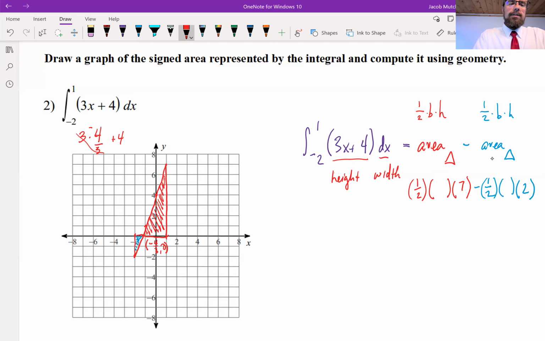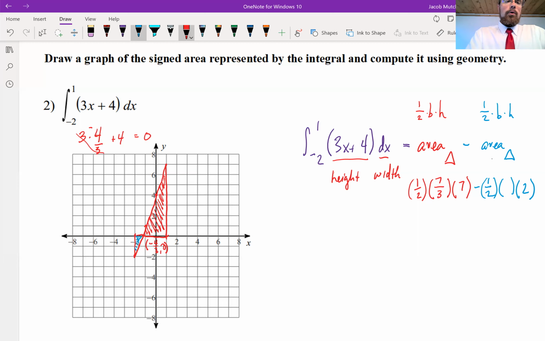So the algebra has the 3's cancel, negative 4 plus 4, and that's supported by the algebra. So all that to say, the base of this red triangle with the positive area is going to be 2 1/3. I can represent that as an improper fraction, 7/3.